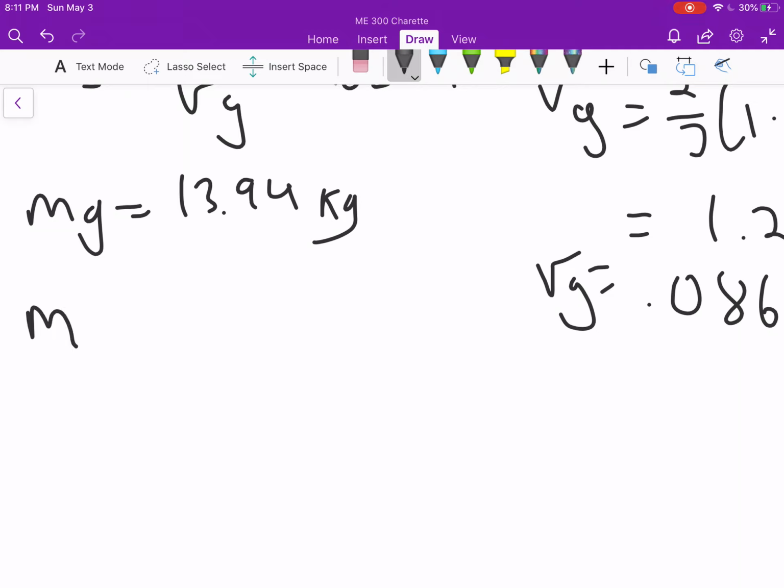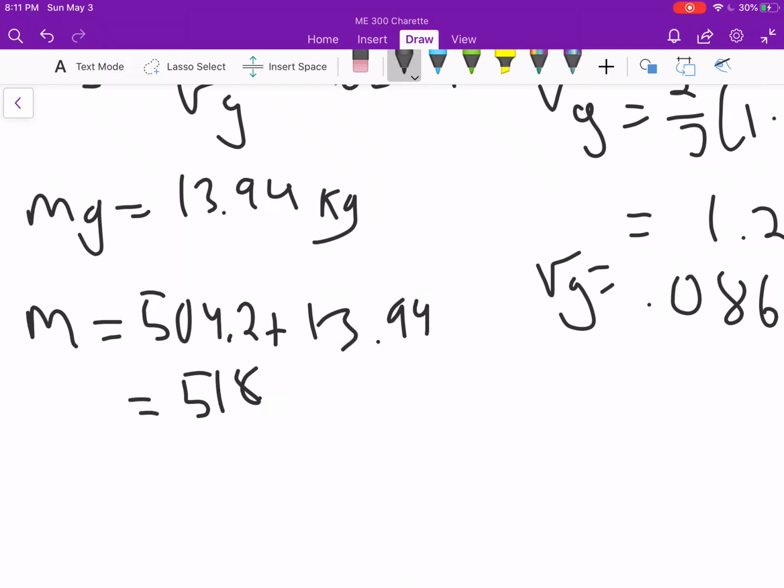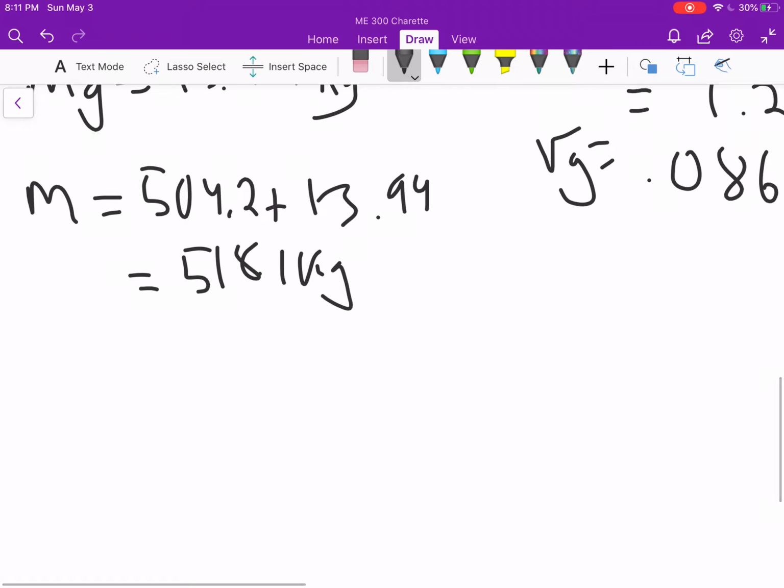Now we have the total mass of the rigid container. That's going to equal the mass for saturated liquid plus the mass of our saturated vapor to get 518.1 kilograms. Now that we have this, we can determine the quality. Quality of our mixture is going to equal the mass of the vapor over the total mass of the system.